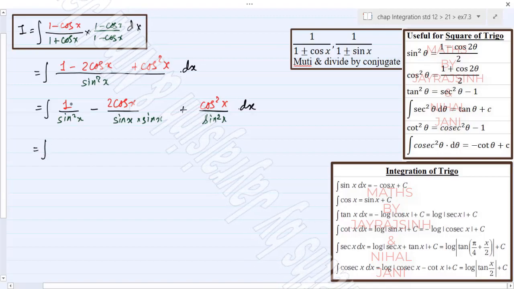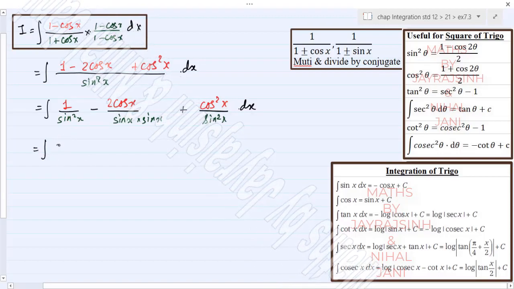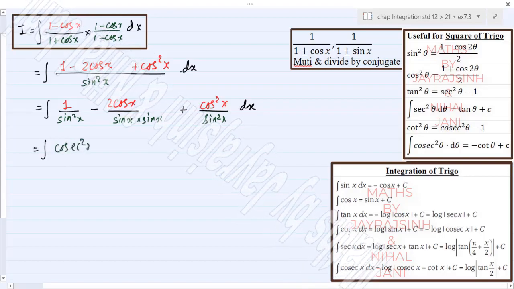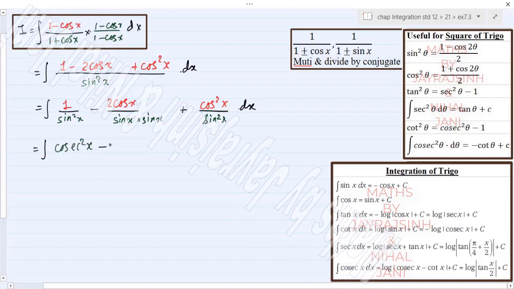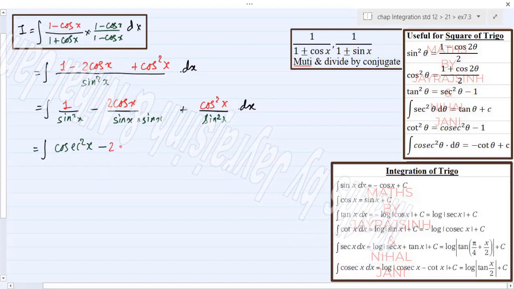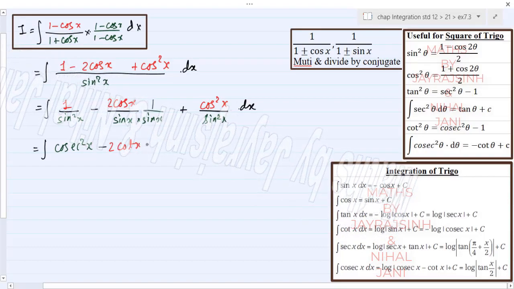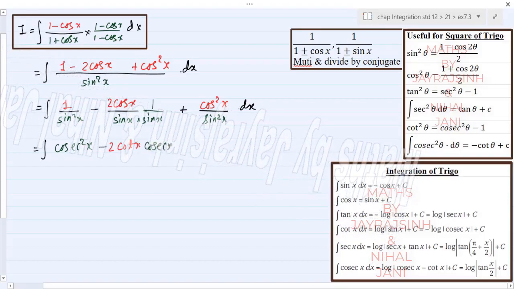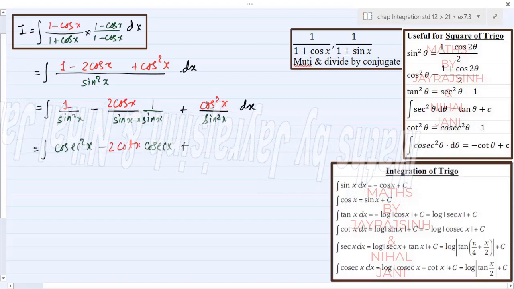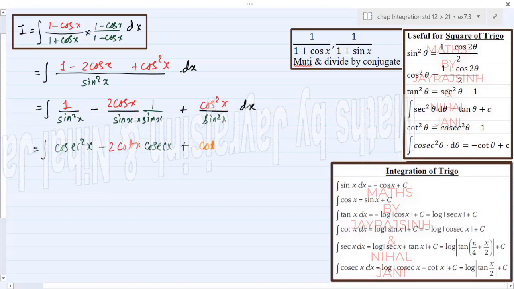So here our first term will be 1 upon sine square x, or we can say cosec square x, minus in second term 2 will be as it is, cos x upon sine x will become cot x, and the rest of the 1 upon sine x will become cosec x, plus cos square x upon sine square x will become cot square x.